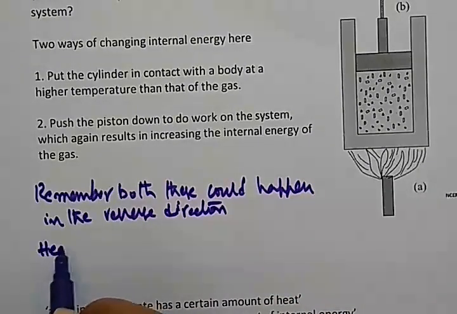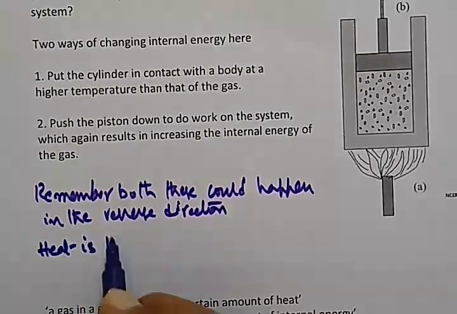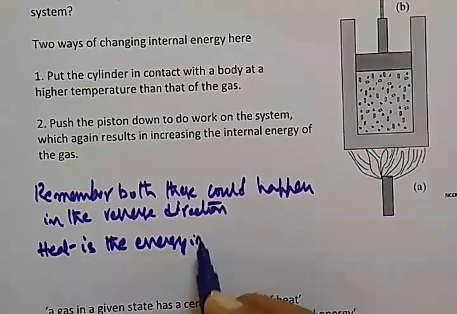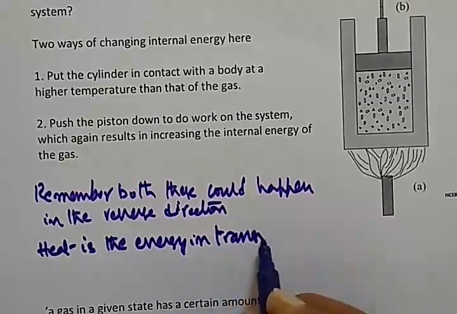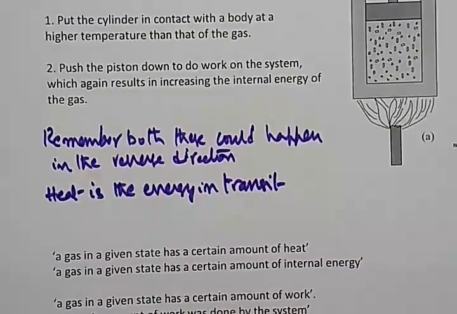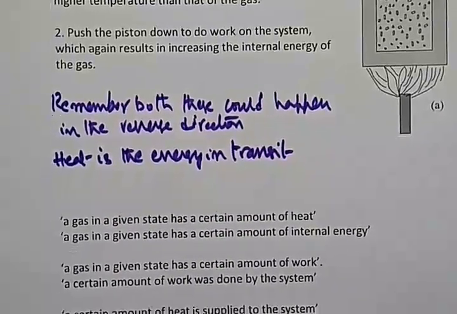Another important statement is, heat is energy in transit. Whenever we talk about heat, it is energy, but it is in transit. It is flowing from a higher temperature to a lower temperature. We always have to think like that when we talk about heat.